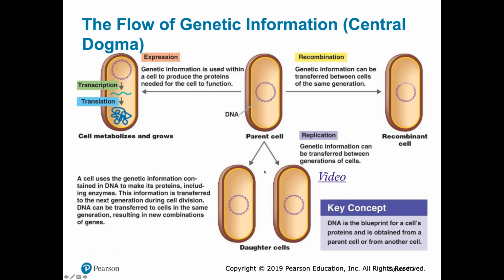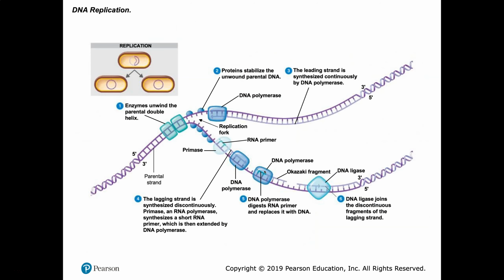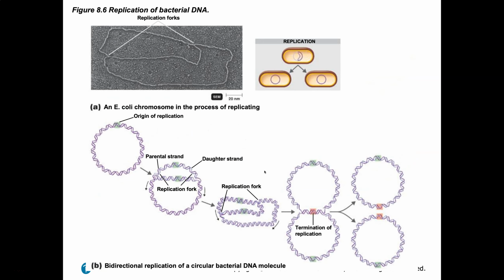So this image right here, I'm not spending a lot of time on. If you want to pause it and look at it, great. But I spent a whole hour-long video talking about DNA replication and transcription translation. So this is just a video from another book, not your current book, but a book I used to use that you may want to take a peek at. Same thing here.